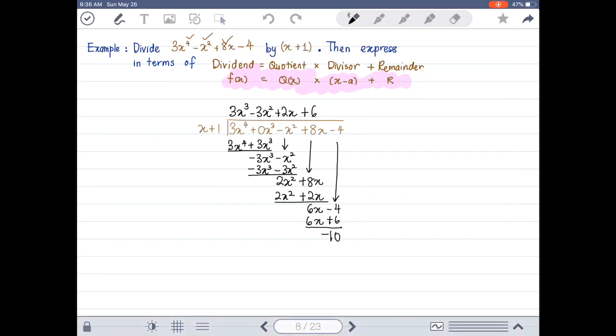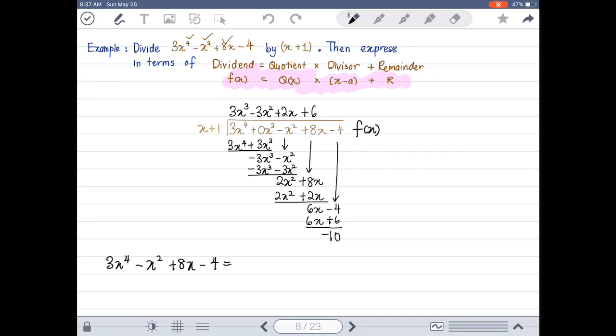It will become our dividend, 3x to the power of 4 minus x squared. 0x you don't have to write that one. So just write 3x to the power 4 minus x squared plus 8x minus 4, that is our dividend. Or sometimes they write it in terms of f of x.